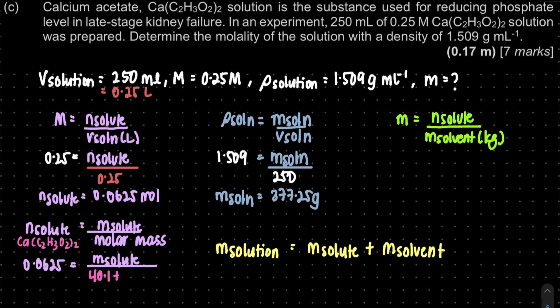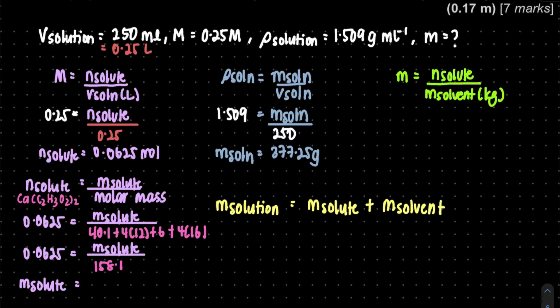Carbon here is 2, but remember we have a bracket with 2, so 2 times 2, we have 4 carbon, which is 12, plus hydrogen. Hydrogen is 3 inside the bracket, but we have 2 outside, so plus 6, plus oxygen here is 2, but we have 2 more, so 4, times 16. When we add up the value, the molar mass will be 158.1.